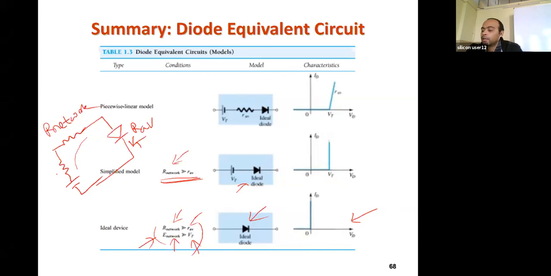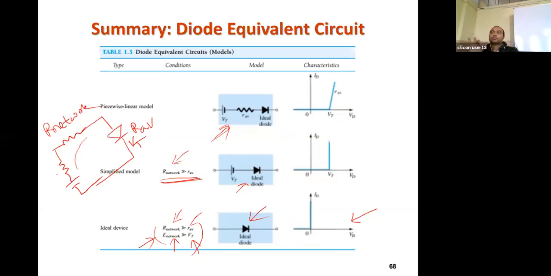In this first model, if everything is comparable, that means the network resistance is in the same range as RAV, we cannot neglect RAV. Similarly, if E network is in the same range as VT, then also we cannot neglect VT. So in that case we have to take the first model. Suppose the threshold voltage of a diode is 0.7 and you are applying a voltage of 5 volt.